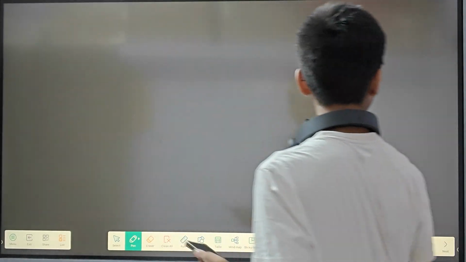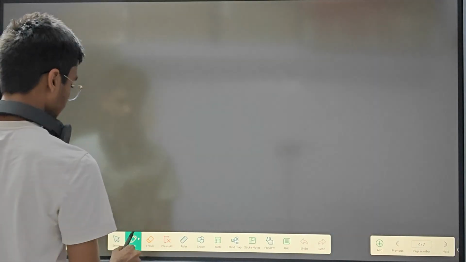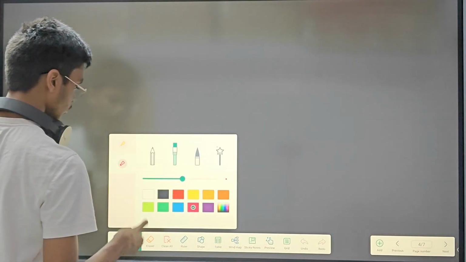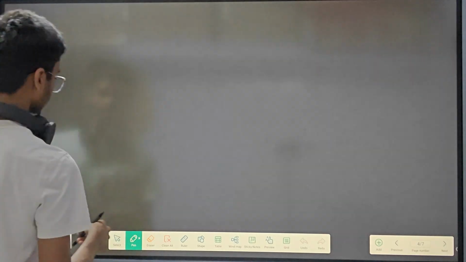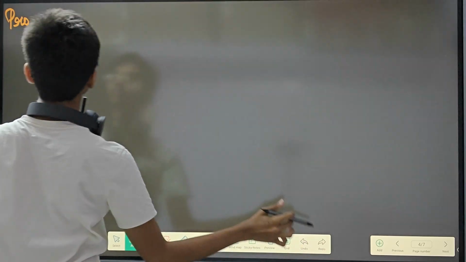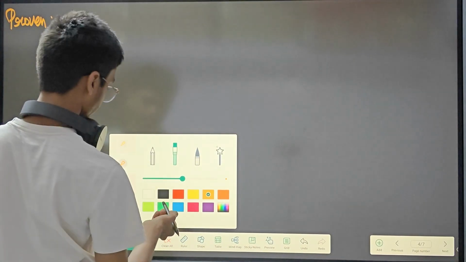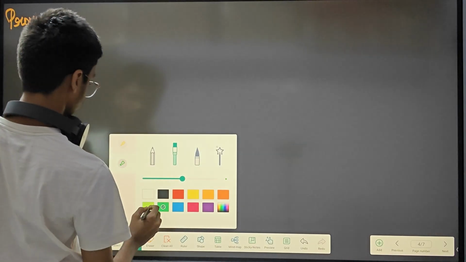Already it is proven for a few things. Which color? This color will be correct, right?